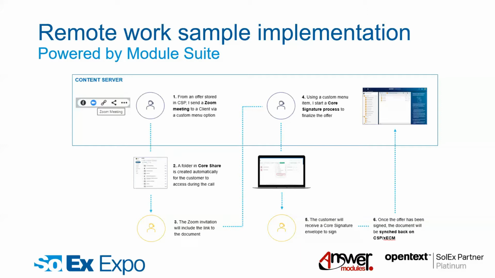Instead, in this scenario, directly from Content Suite with one click, I can send out a Zoom invite, create a folder on CoreShare, automatically add the documents to that folder, and have the link to those documents in the Zoom invite.